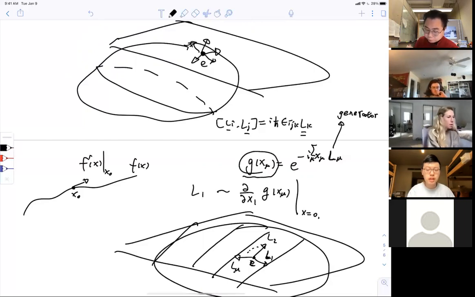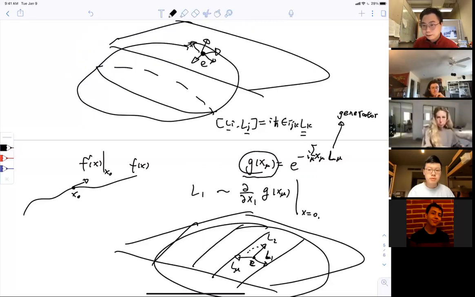This guy is just a group element in the group. It's just labeled by x mu, so it's not a function of x mu. X mu is like a label of this element. Yes, exactly. So here the x mu's are like the labels or the parameters of the Lie group, and the L's are the generators, which are defined this way.